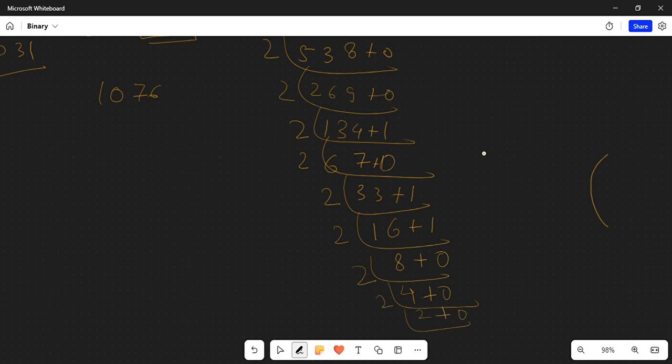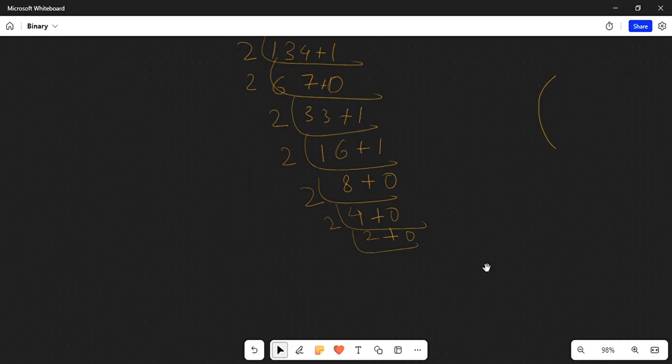We have to obtain 0 in the quotient of the division. Then we have 0 plus 1.